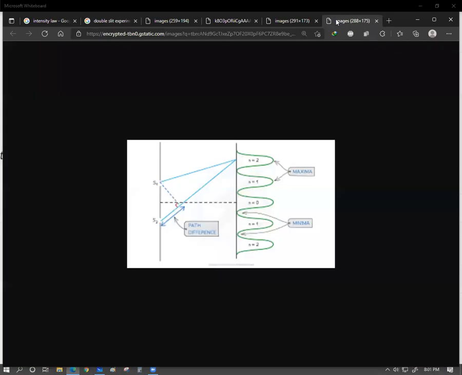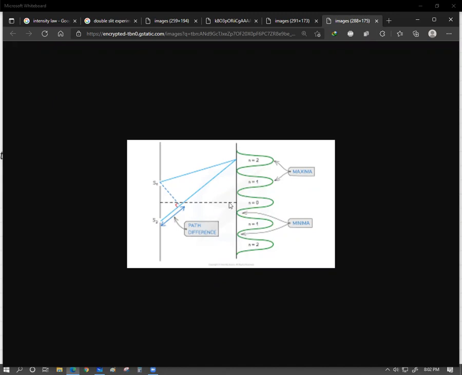Okay. So the reason I have all of these individually different images is that if attenuation did not happen, which actually happens, but if attenuation was not a thing that we had to consider, then this is how the intensity would look.